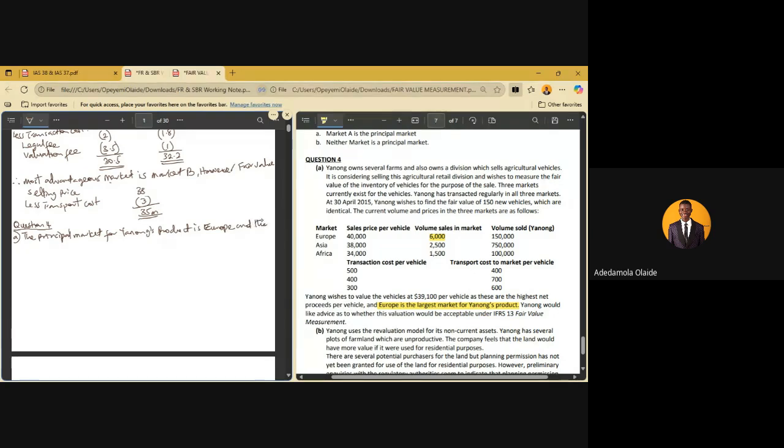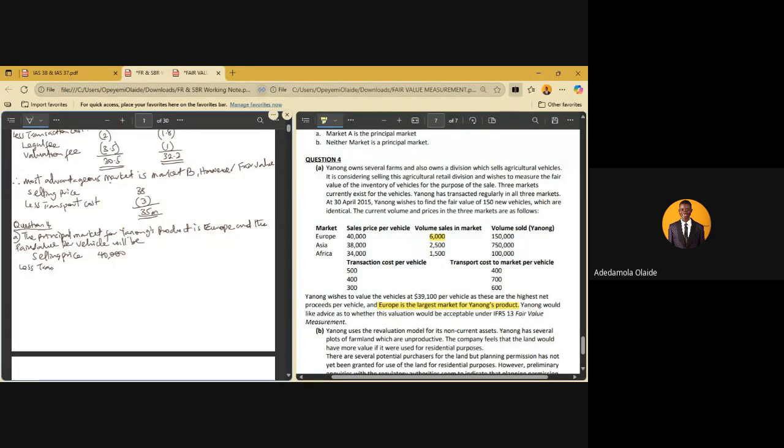and the fair value per vehicle will be the selling price. How much is the selling price? 40,000 is the selling price in that market.